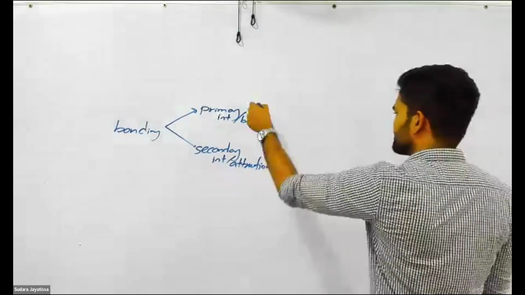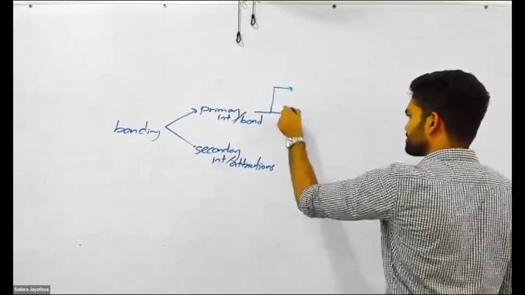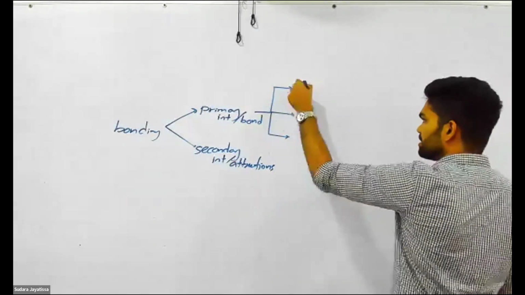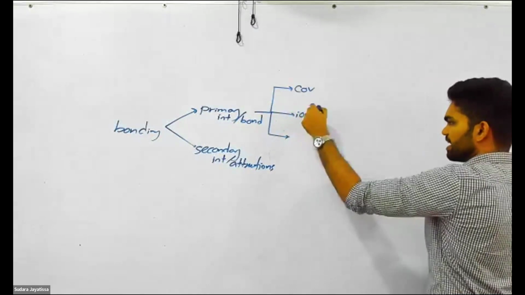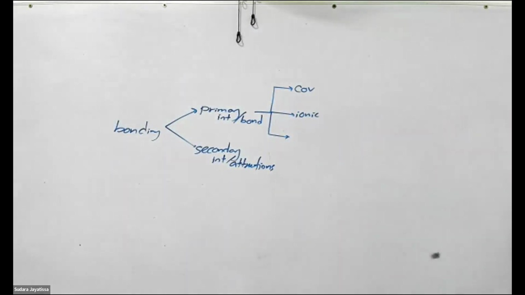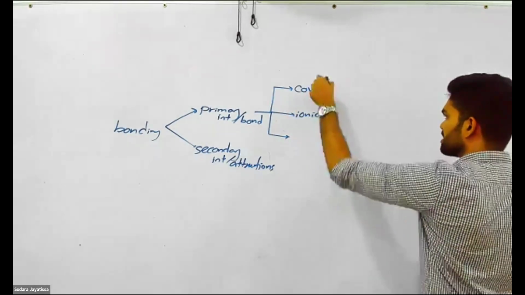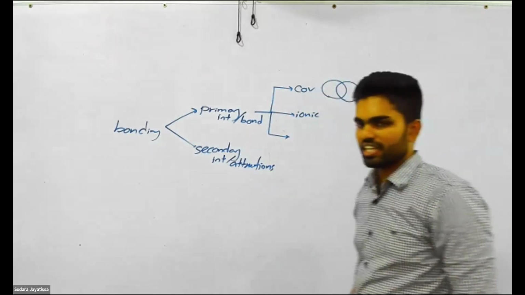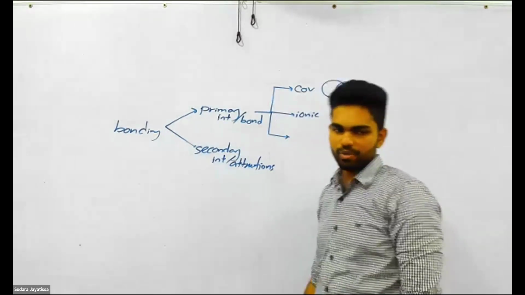Then primary interactions, there are three types. In O levels you will learn two. Remember, covalent and ionic are the two you learn in all levels. What is happening in covalent bonding? Sharing of electrons. Now we don't say sharing, we say overlapping of atomic orbitals.